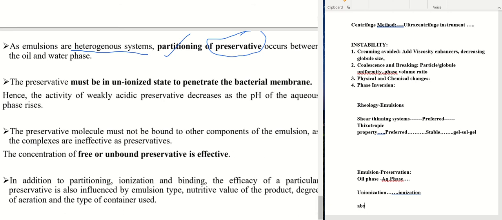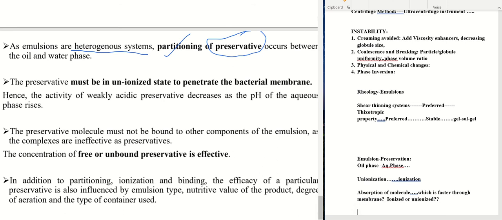Absorption of a molecule through a membrane, which is faster, ionized or unionized? Just give it a thought.